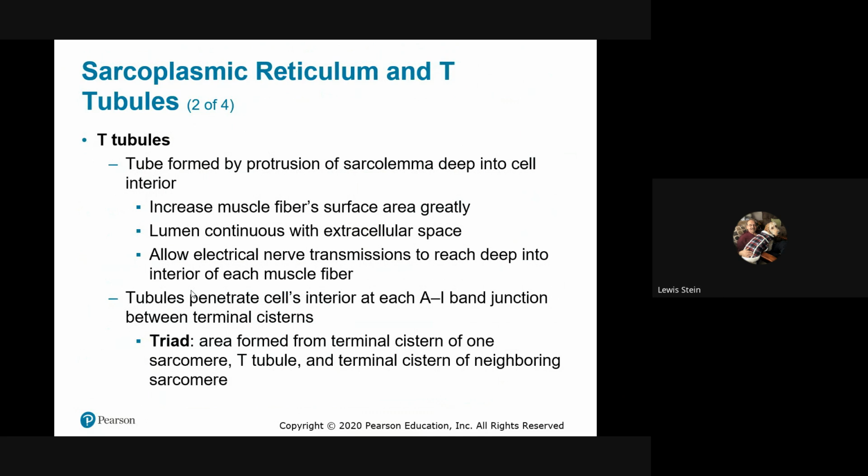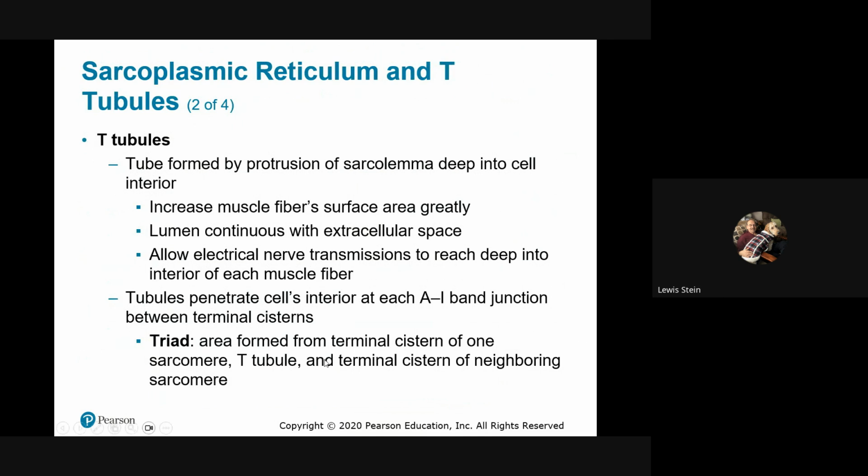Normally, the membrane follows the long axis of any cell. These go along this way, tangentially or at right angles. And so they are able to send the impulse of the nerve down deep along all those neat fibrils, and basically send the signal for the filaments to slide over one another.